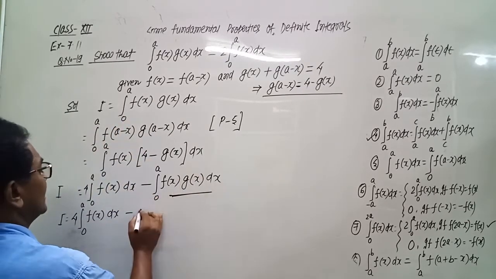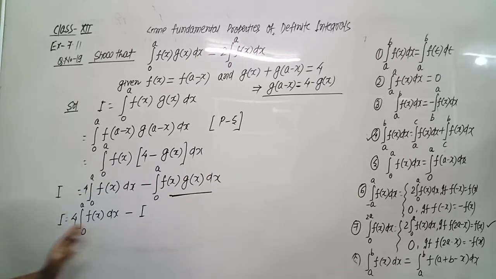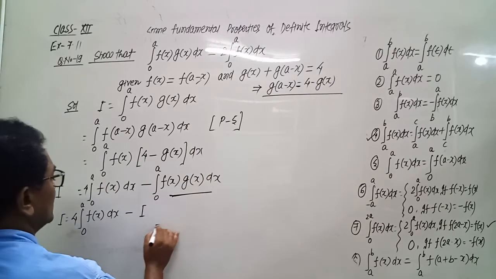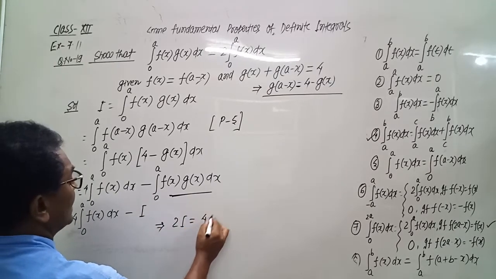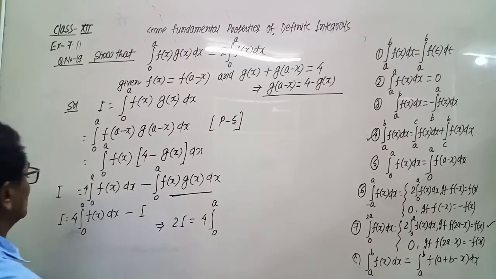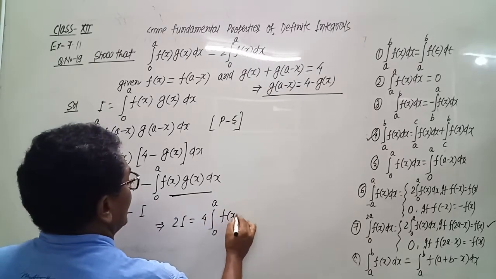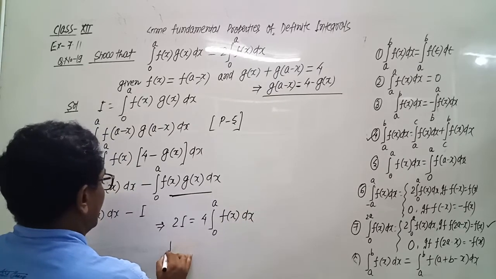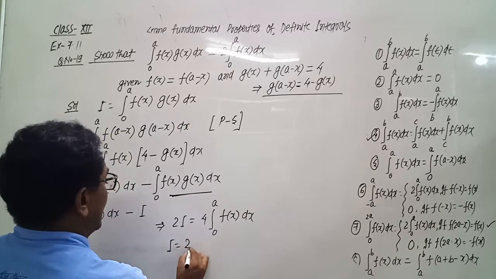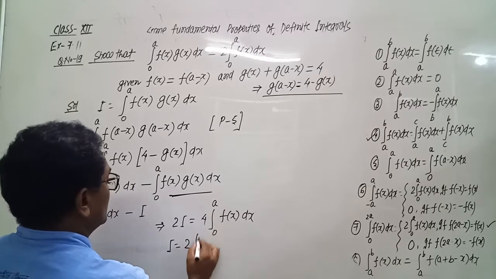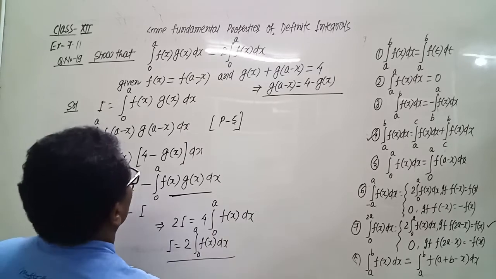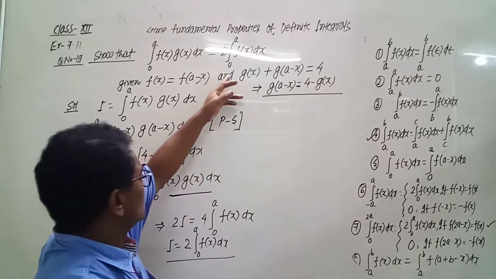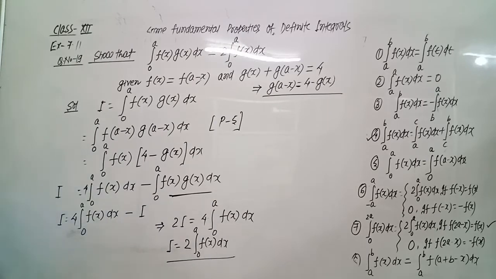This I will go to the left side. So it becomes I plus I, 2I, equals 4 times integration 0 to a of f(x) dx. Then I equals 4 by 2, which is 2, times integration 0 to a of f(x) dx. So we get the result: this equals twice integration 0 to a of f(x) dx, which we had to prove.